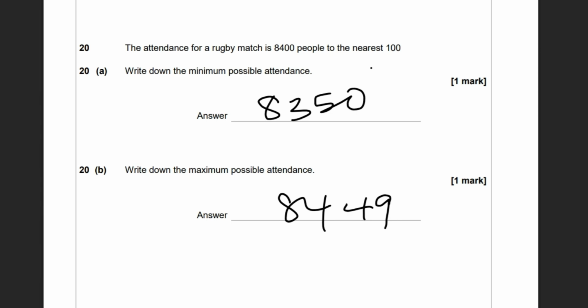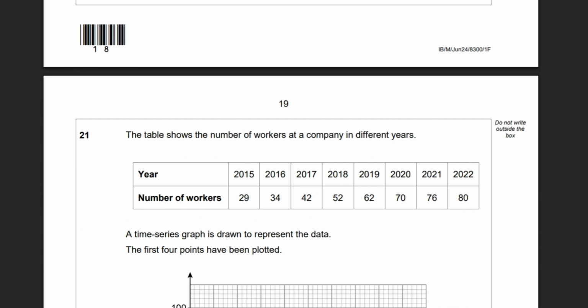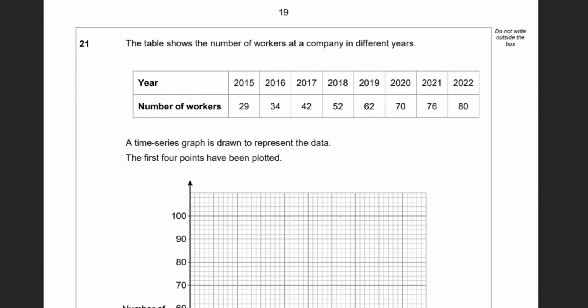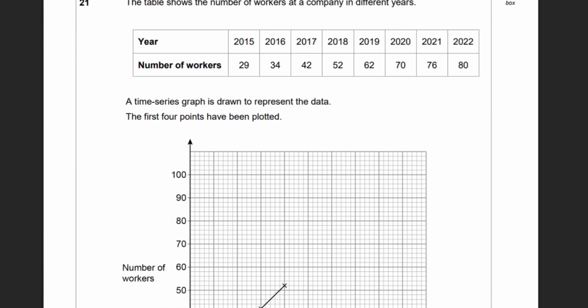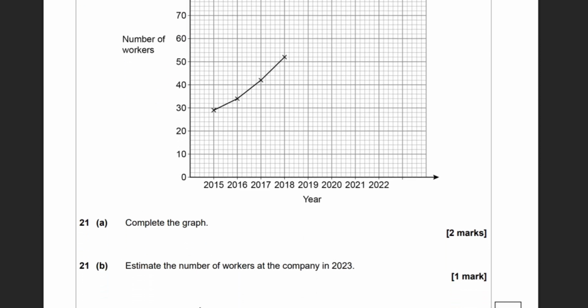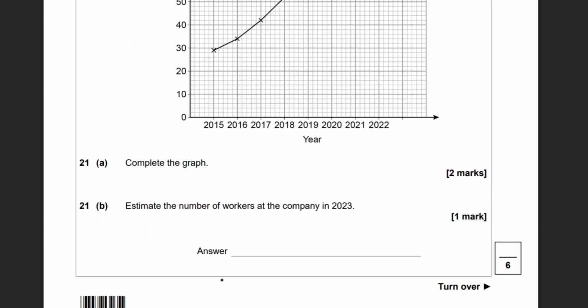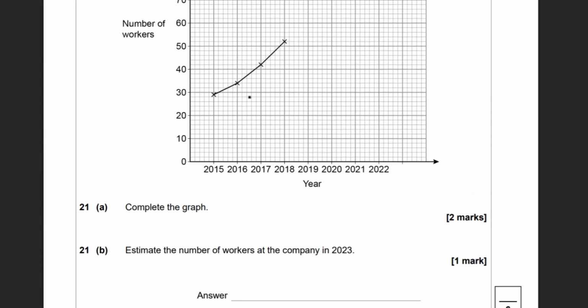Okay, so the next one is a graph. Most of you can do graphs. You can plot. You just get the number. Make sure you check in between. Like this is 60. So it's going to be 62, 64, 66, 68, 70. So when you plot the points on the graph, complete it, estimate the number of workers at the company. You can pause the video and complete the points.